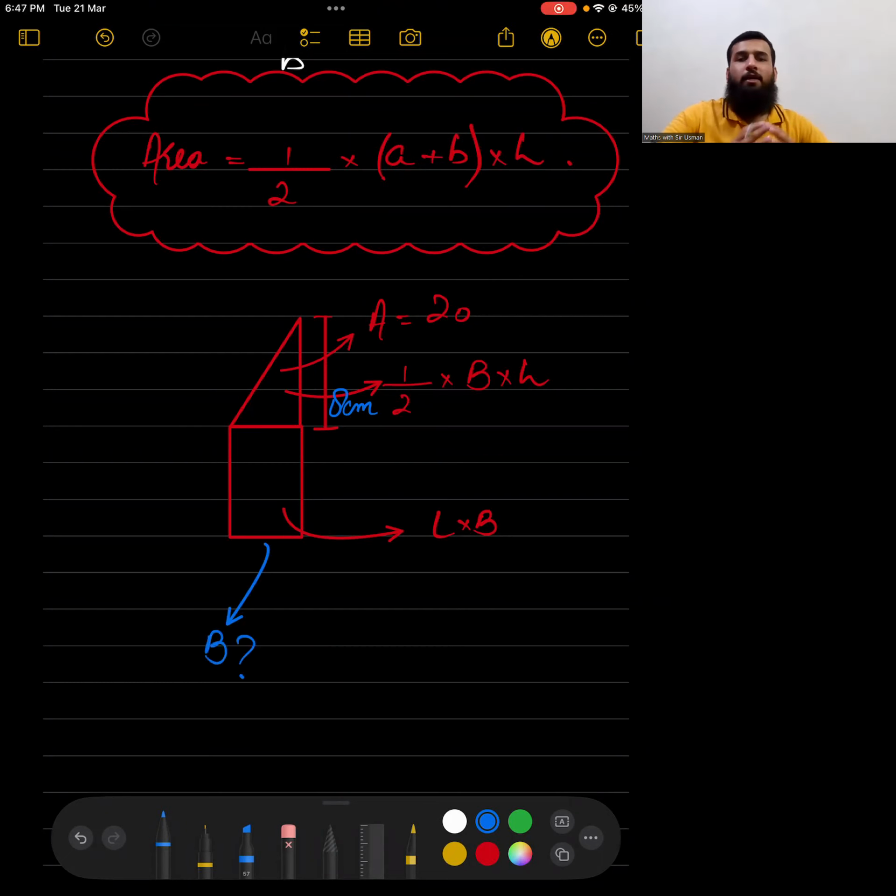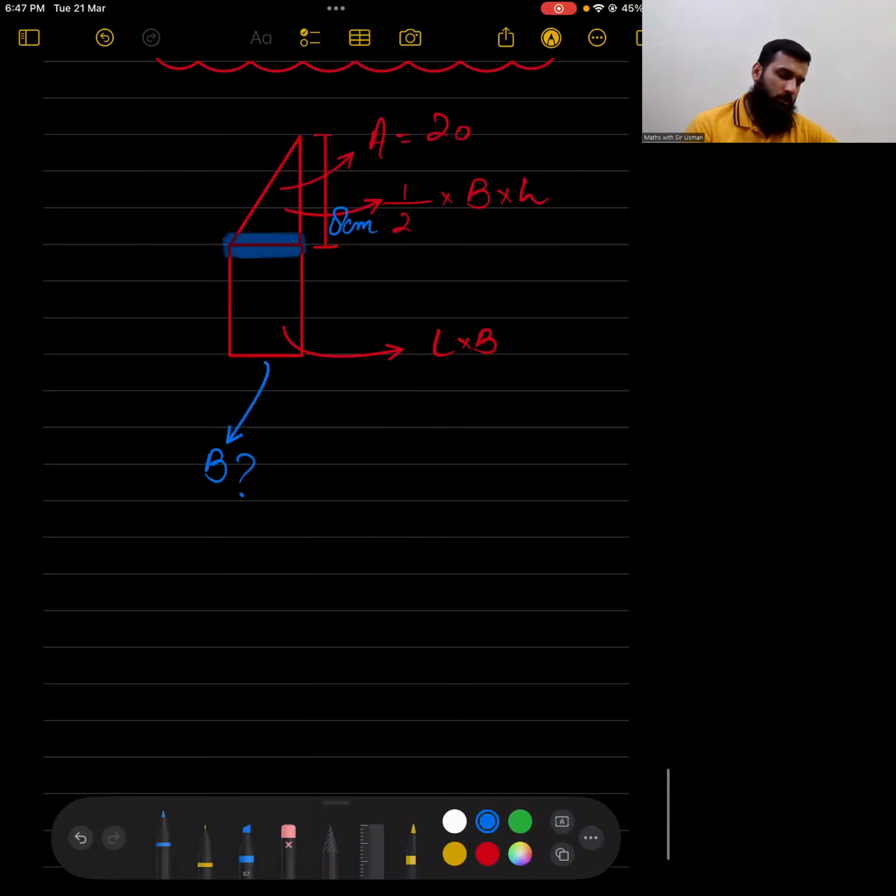So you have to find the breadth for the rectangle. What you are going to do over here is use the area of triangle to figure out the base. The base of this triangle would be figured out first. So we will pick up area is equal to 1/2 multiplied by base multiplied by height.